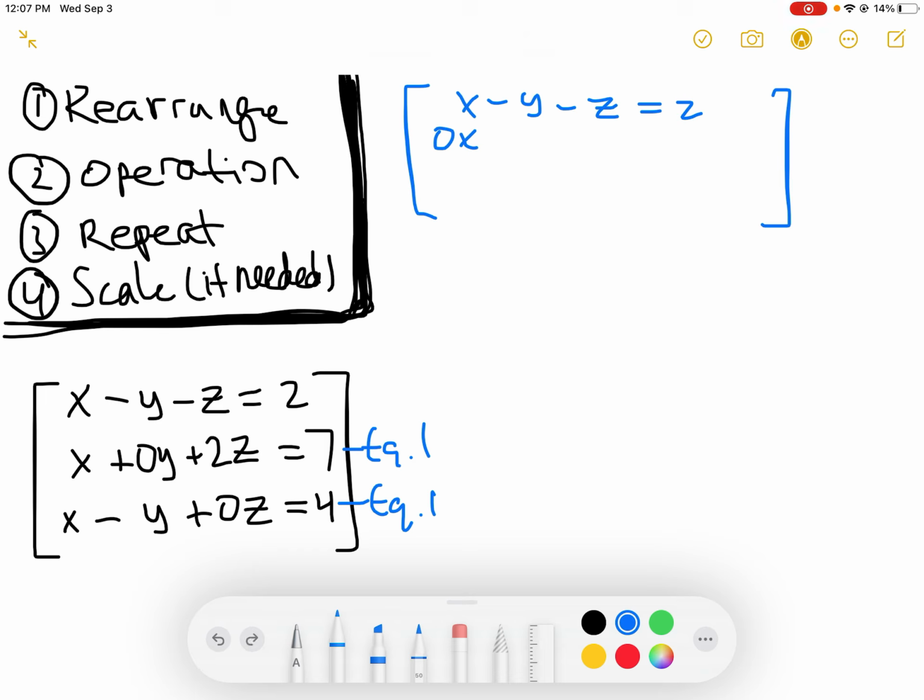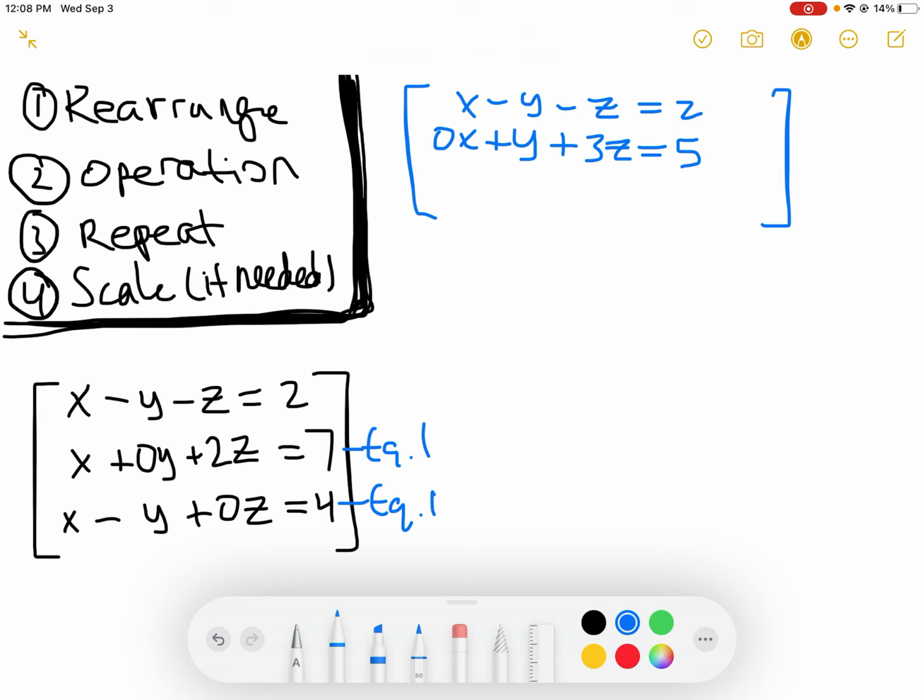Minus negative y is going to be positive y, so be careful about the double negatives. Then you have 2z minus negative z, so it's going to be plus 3z, and then 7 minus 2, 5.